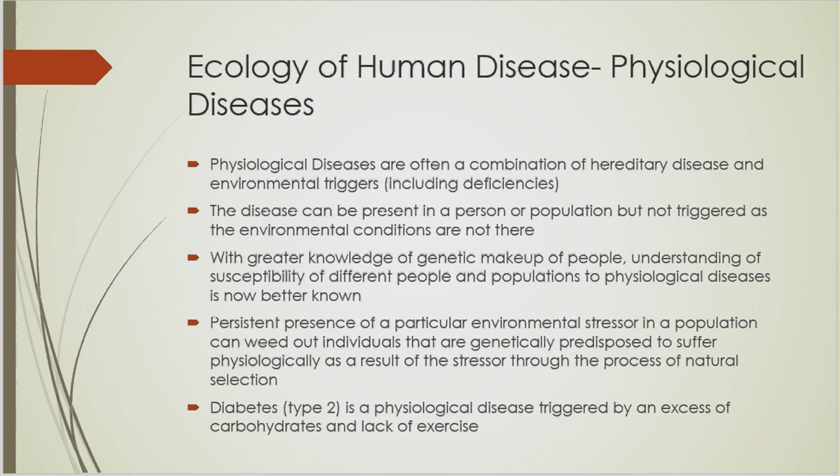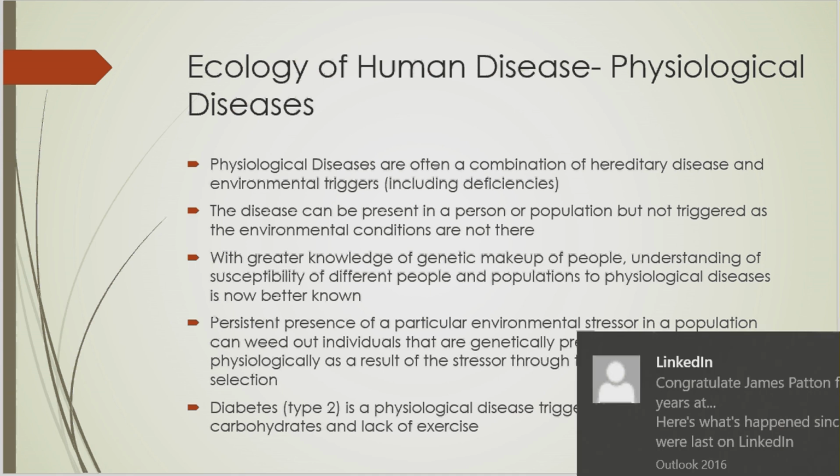They're often a combination of hereditary diseases and environmental triggers, including deficiencies or, in many cases, overabundances of particular foods. Okay, so in the case of diabetes, an overabundance of sugars generally causes the diabetes, which is a physiological disease. Okay.